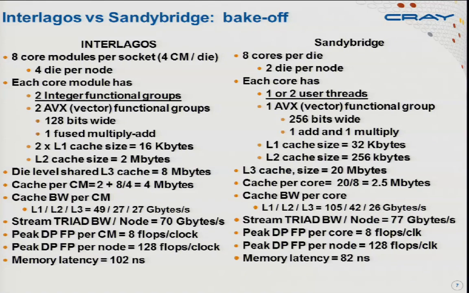So if you're moving from Rosa to Sandy Bridge, Rosa with Interlagos to Daint with Sandy Bridge, and you're completely memory bandwidth bound, don't expect a 2x per node. Expect maybe something on the order of 10%, or maybe, with all the other nice features in Sandy Bridge, more than 10%, but it's not going to be a 2x per node if you compare on a per node basis.